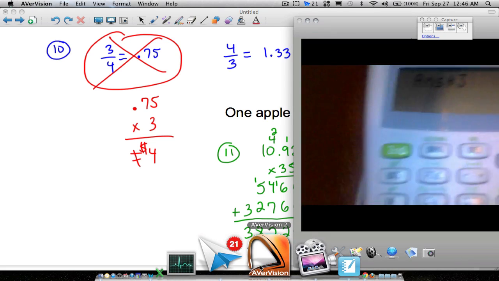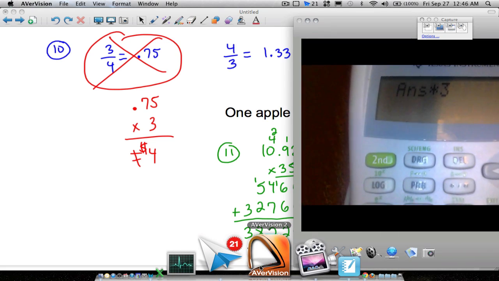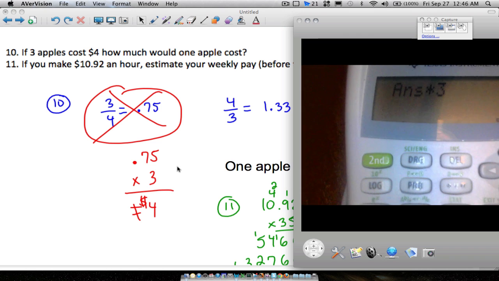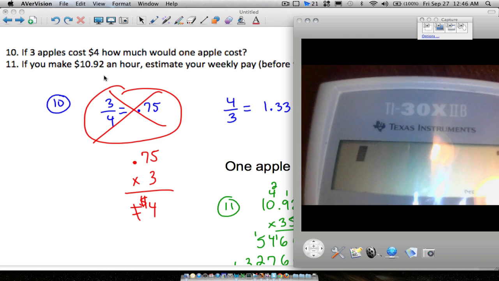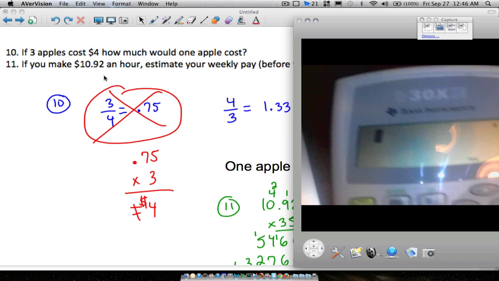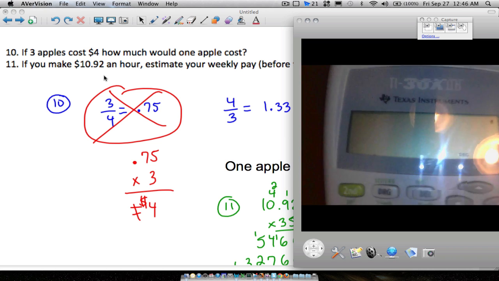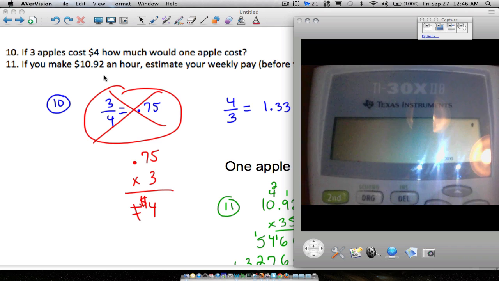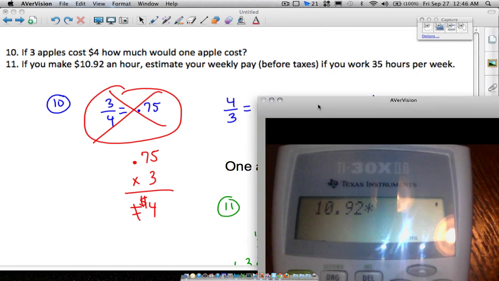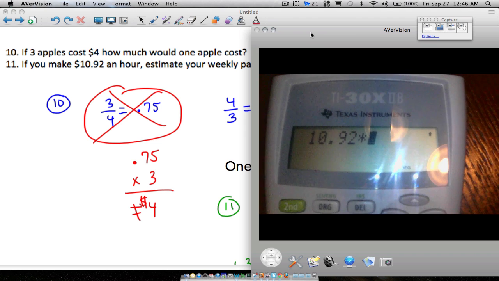But let's check our work there. Back up to the problem. $10.92 per hour. And how many hours do we work? What did we say? 35 hours.